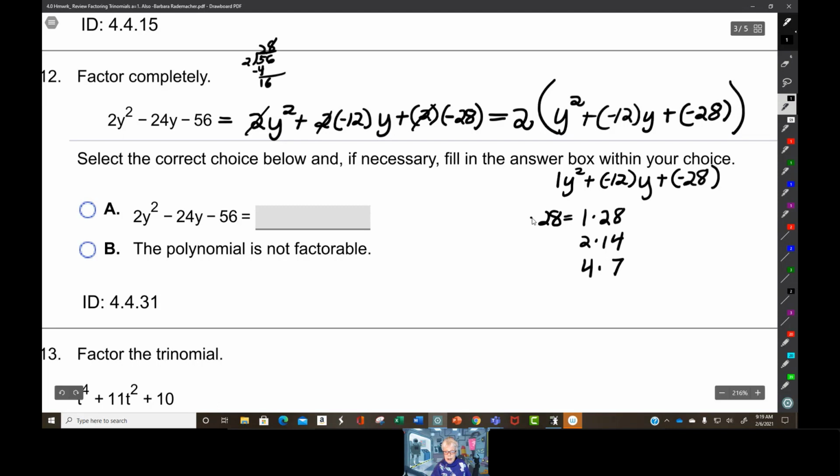So now I have to deal with the truth that 28 is really negative. So I'll make the first number negative, and then I'll write them again, but I'll make the second number negative. Now, which ones add up to negative 12? Right here. Negative 14 plus 2 is negative 12.